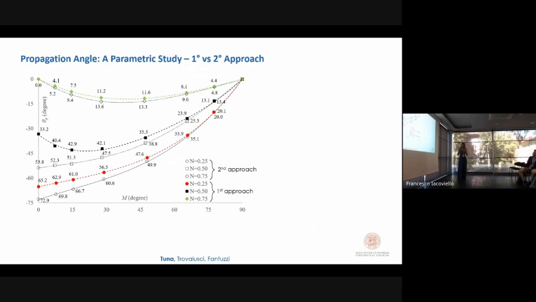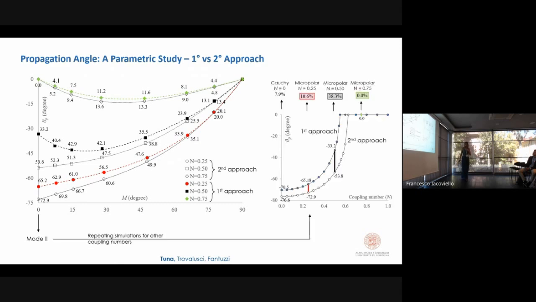But when we perform more simulations for this most critical and strange case with many other coupling numbers, we see that there is actually an offset error between these two kinds of approaches, which means that for this critical case, mode 2 dominated cases, we can offer a correction factor to reduce the difference between approaches.